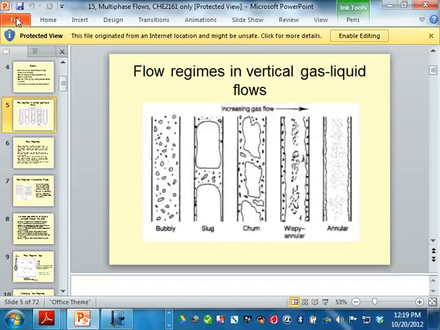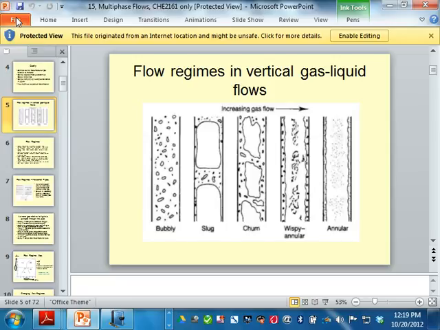A bubble column is more like a reactor. Normally they are vertical and they are used for the reaction or for something to happen inside. This one is more for fluid transport. This one is pipe.